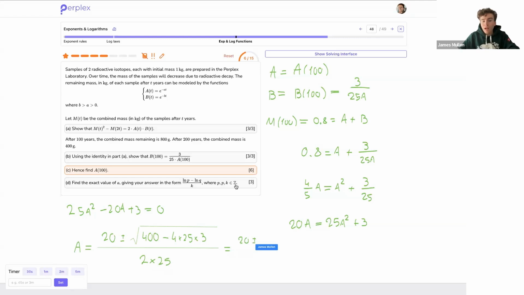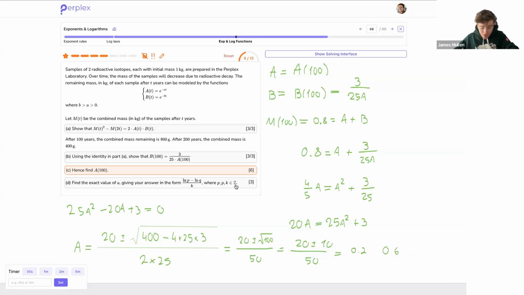Now 4 times 25 is 100, times 3 is 300. So under the square root, I have 400 minus 300, which is the root of 100, all divided by 50. So this is 20 plus or minus 10 over 50. In other words, I either have 10 over 50, which is 0.2, or 20 plus 10, which is 30 over 50, which is 0.6.